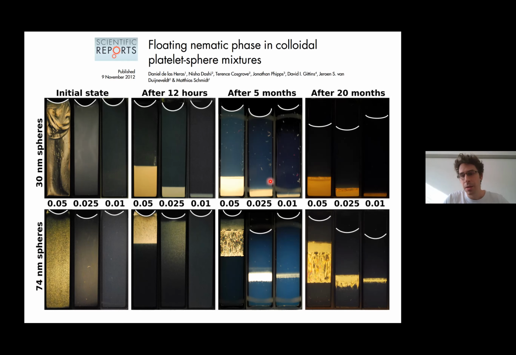But as you can see, the final stacking sequence, that needs up to 20 months to really find the sedimentation diffusion equilibrium, and in all cases, the sequence has changed from top isotropic bottom nematic to what we call a floating nematic phase. So there is a top isotropic, there is a middle nematic, and there is a bottom isotropic. Yeah? Although the bulk phase diagram of both mixtures is qualitatively the same, but the stacking sequences are different. Yeah? So this is a first example.